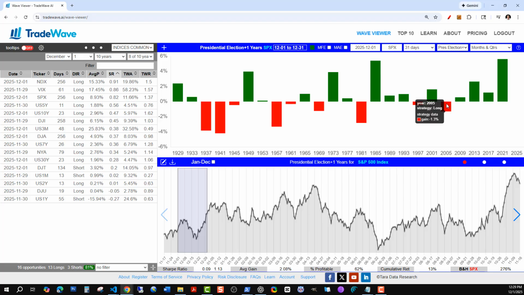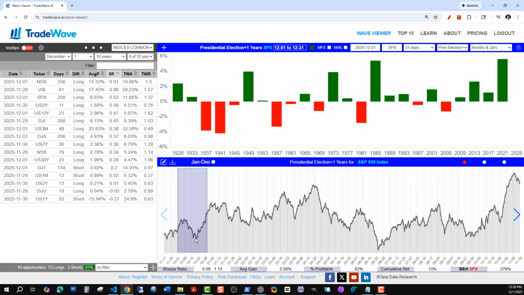In 2005, it closed minus 1.3%. 1997 closed minus 0.45%, but the last PE plus 1 was up 5.61%, very strong in 2021. 85 was really strong, 5.4%. You can see in the past, like 1937, 41, and 45 were pretty bad for the month of December. 57 was bad. 81 was not good either.